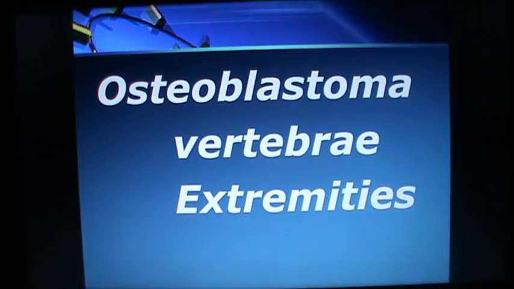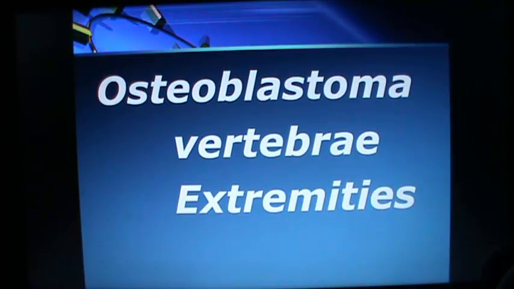But there is another subject called osteoblastoma, and it is similar to osteoid osteoma, but the difference is the size. If the size is more than 2 centimeters up to 10 centimeters, it is an osteoblastoma. It usually occurs in vertebrae and in the humerus extremities.